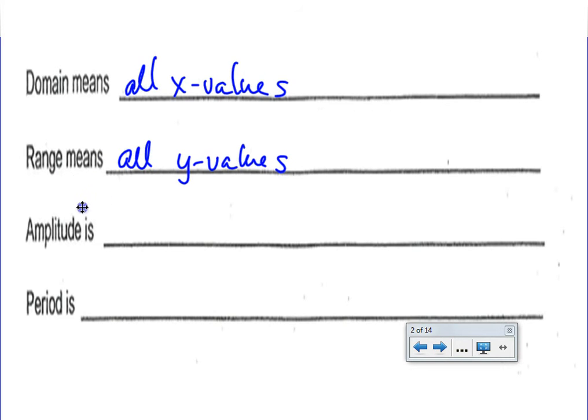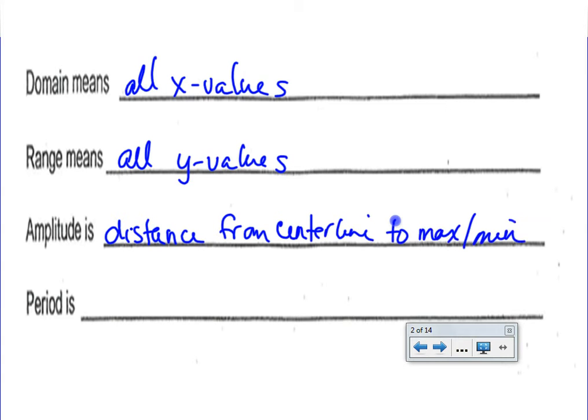So the definition that your book uses is distance from center line to the max or the min. There's a formula your book uses for amplitude, but in my opinion, it's one of those obvious things once you see the graph.